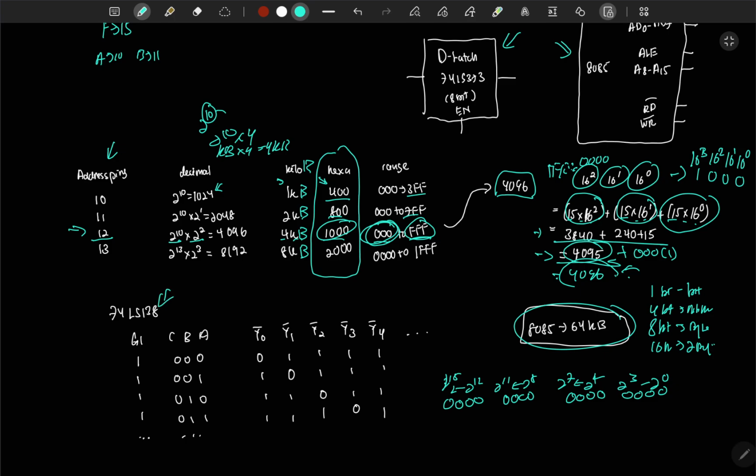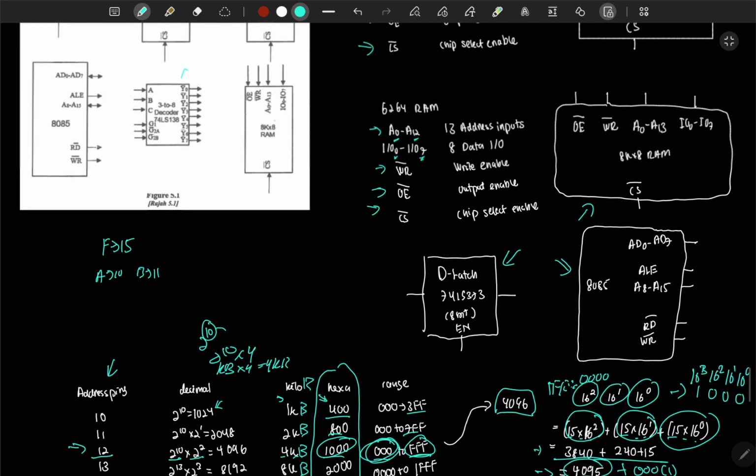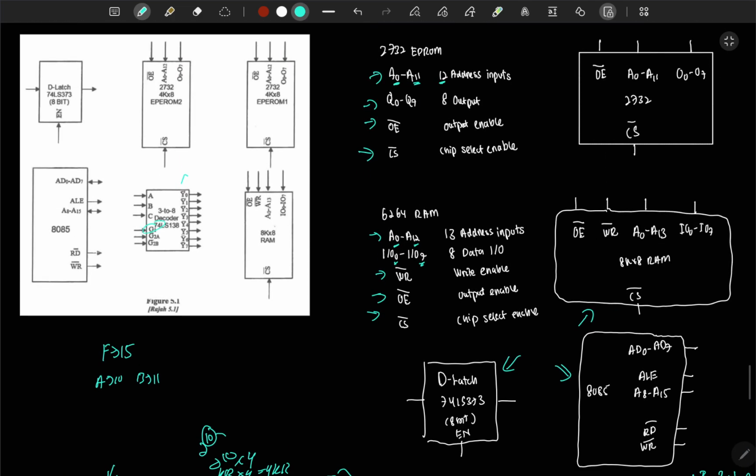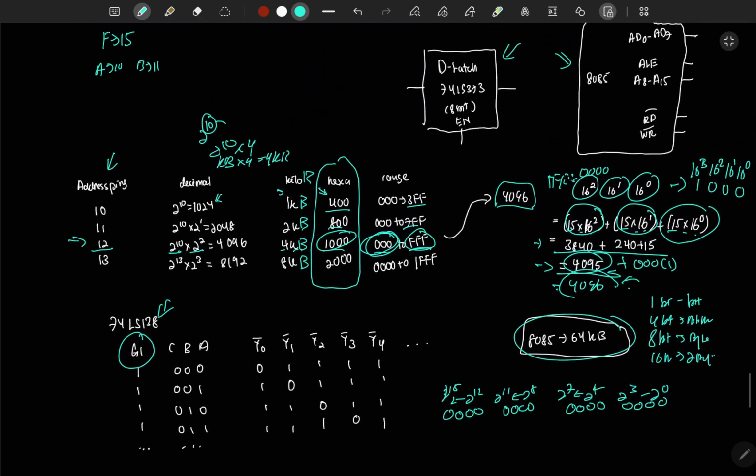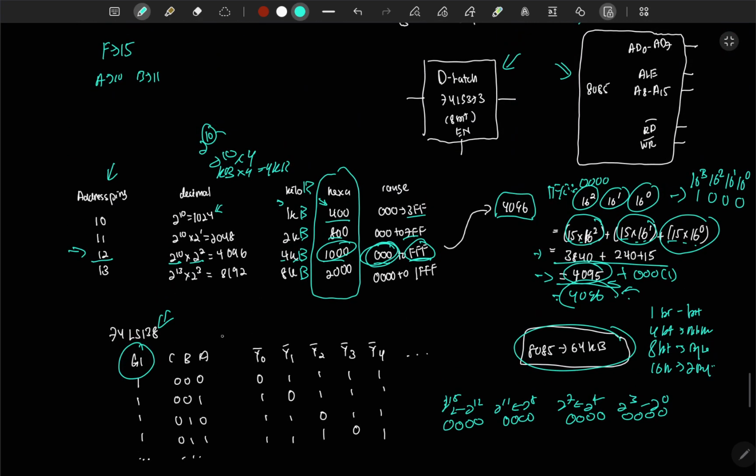Now for the decoding table, we only need to look at G1, because as said we will only be using G1. And for ABC, it is as such. If A and everything is 0, Y0 will be on. If A is 1, Y1 will be on. If B is 1, Y2 will be on. If both are on, Y3 will be on. How?